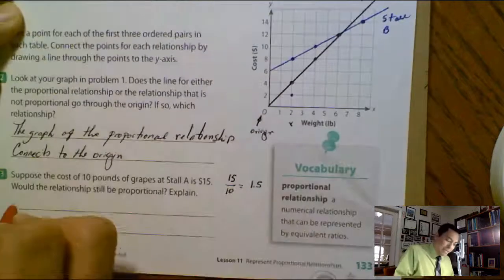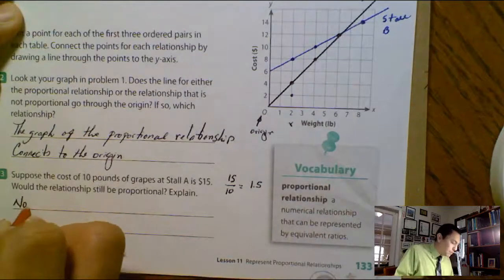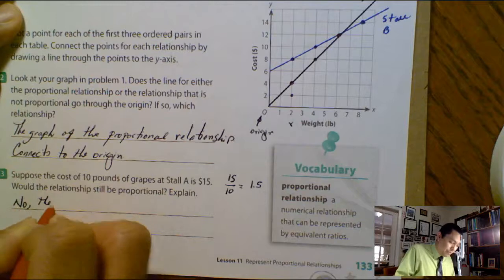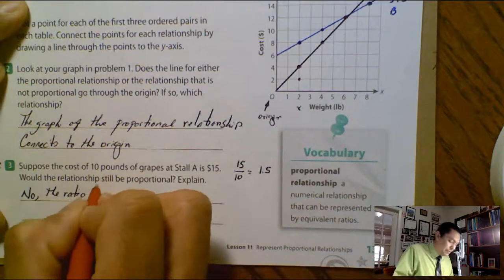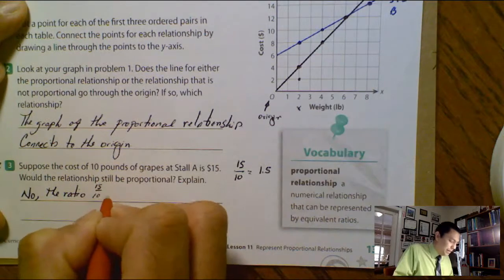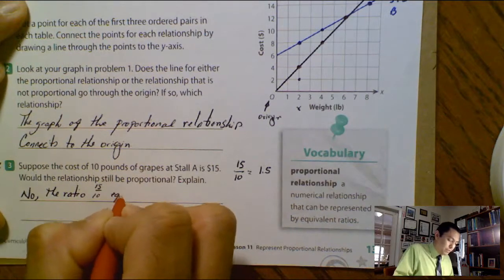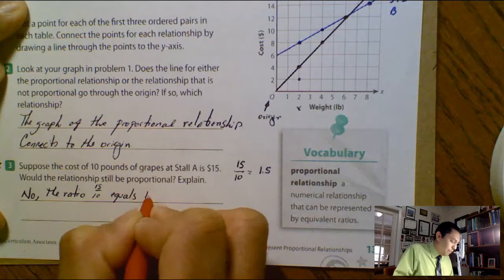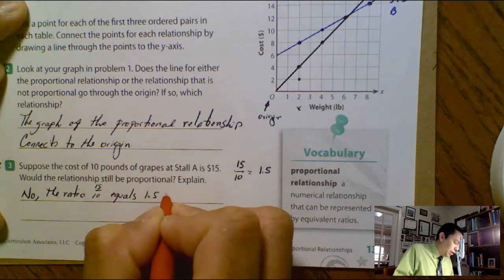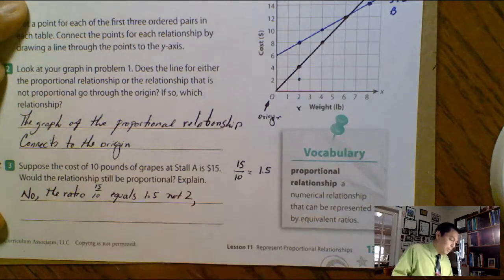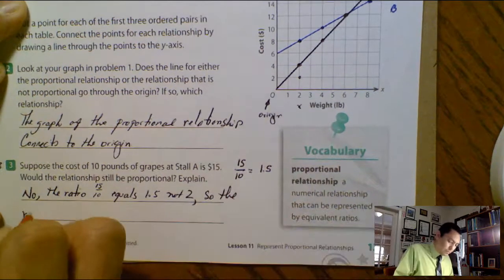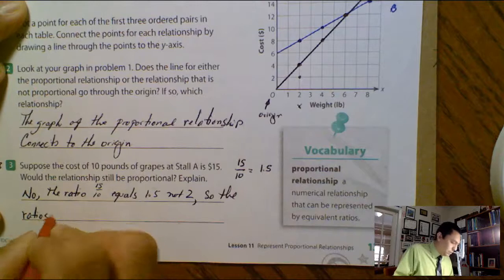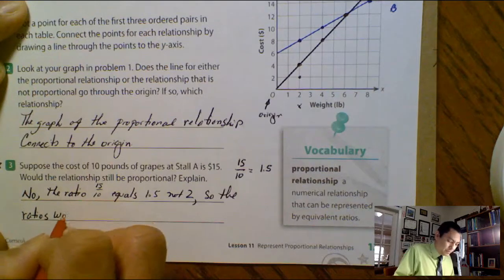So in this case, my answer is no. The ratio 15 over 10 equals 1.5, not 2. So the ratios will not be equivalent.